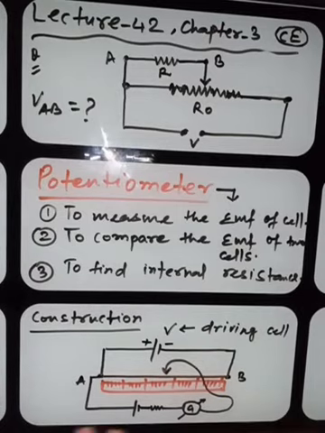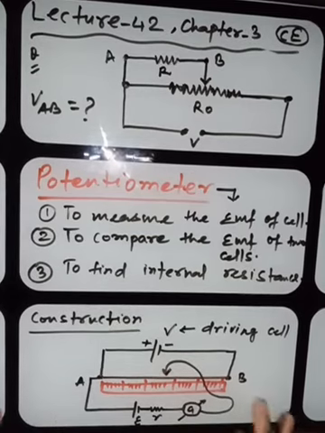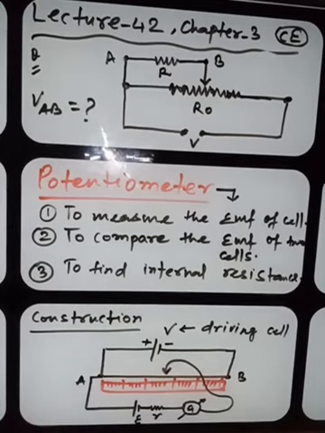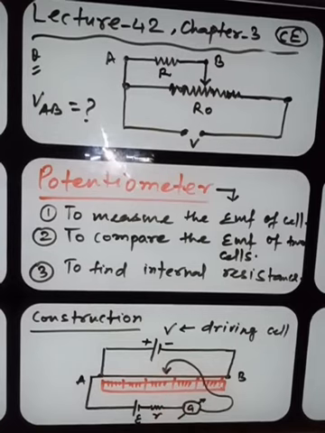So this is the simple construction. This is the battery or the cell of EMF E, internal resistance r, and this is the simple construction of potentiometer, my dear student.